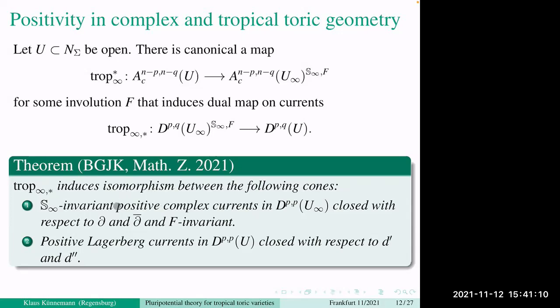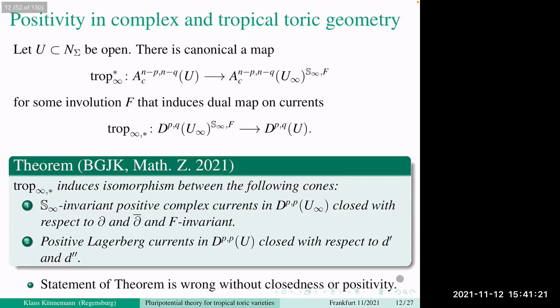So if you require positivity and that your forms are closed for these canonical differentials, then this map gives an isomorphism. Observe that this statement is really wrong if you don't assume closedness or positivity; there are counterexamples.